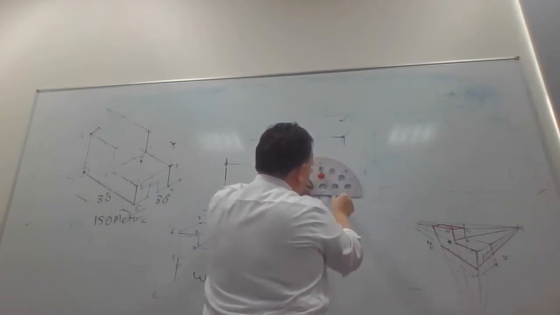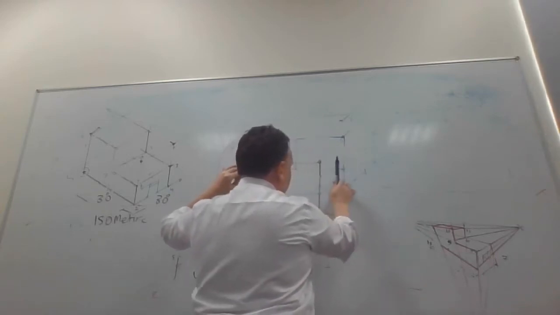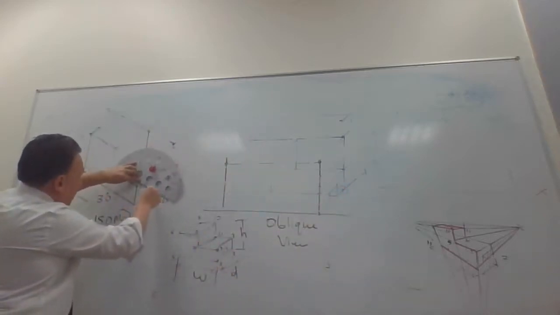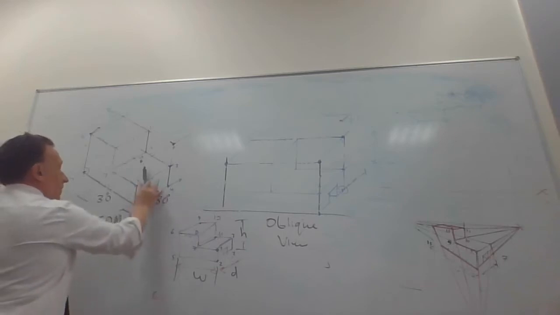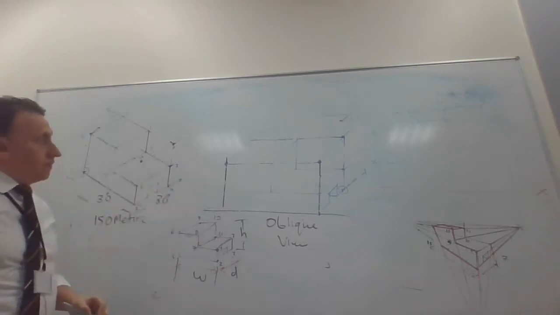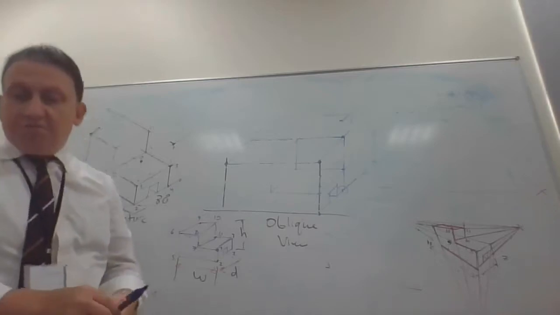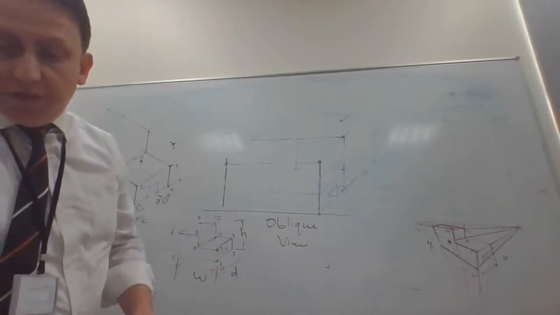And this has to be like this. And this has to be parallel, like this. Okay? This is isometric and oblique.